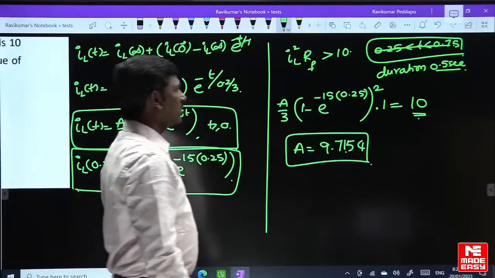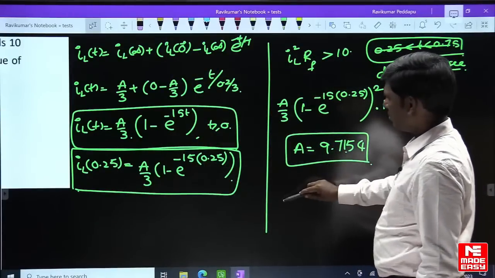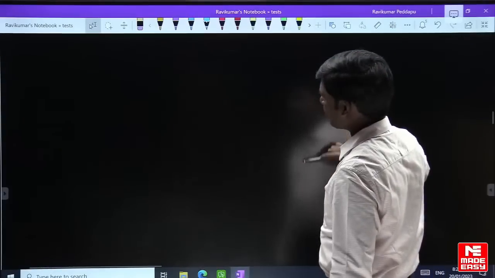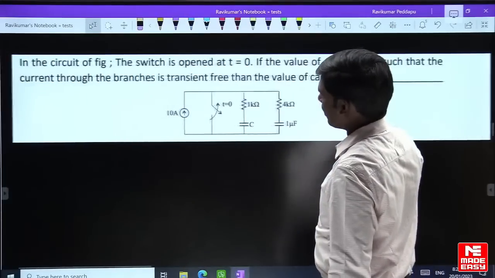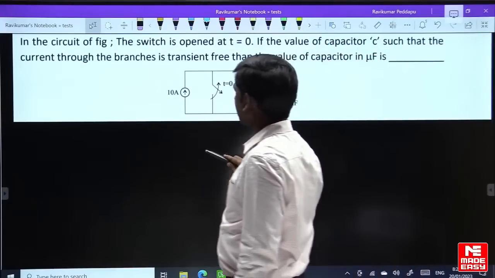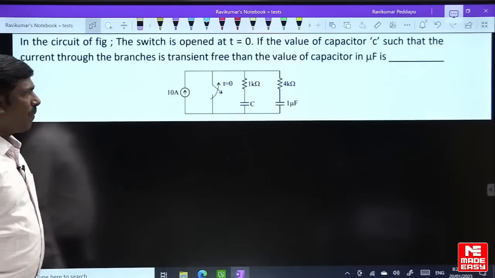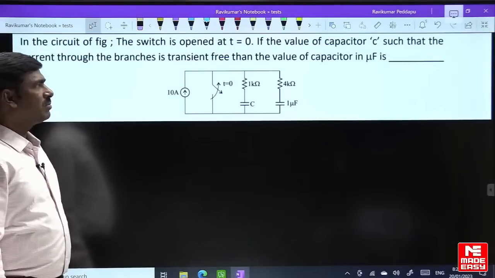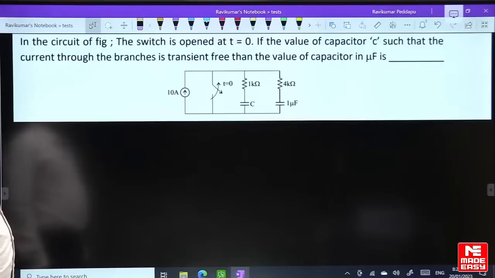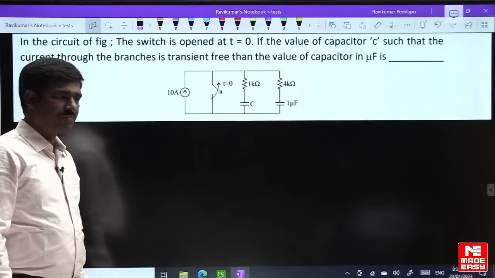So let me move to the fifth question. This last question is based on transient analysis. The switch is open at t is equal to 0. If the value of capacitance is such that the current through the branches is transient free, then find the value of capacitance in microfarad.